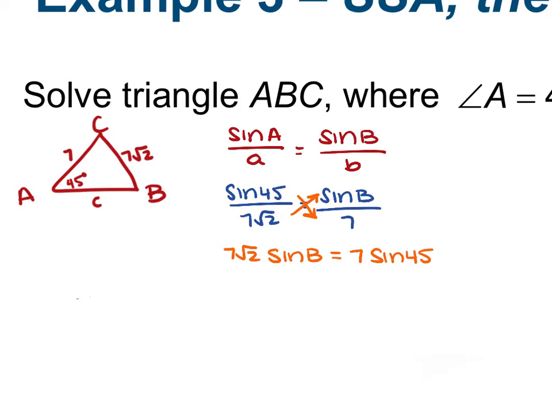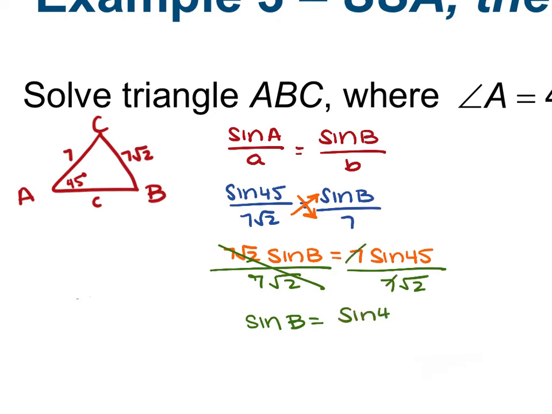Now, when you go to divide each side by the 7 square root 2 to isolate the sine B, you can simplify before you plug this into your calculator. If you do that, it's going to be a lot easier. So you're going to have sine B is equal to 7 sine 45 over 7 square root 2. They both have a 7, so you can cancel those out, and you're just doing sine 45 over the square root of 2.